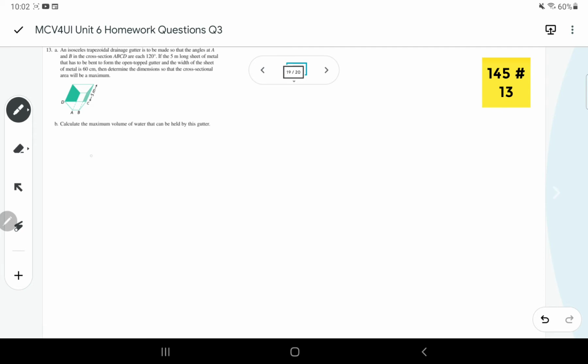I don't know why, but I always draw my trapezoids with the big side at the top, even though this is a little bit upside down. So we know that that is 120 degrees. And we know that the area is going to equal the A plus B times H over 2.